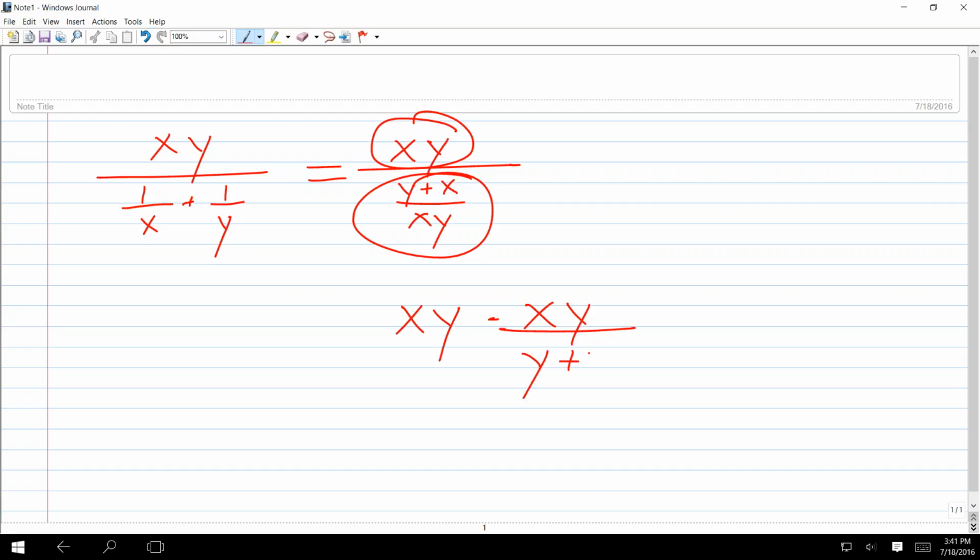And the only reason I can do that now is because my denominator is a single rational quotient. It wasn't a rational quotient when it was in that form there. It was the sum of two different fractions. So you can't flip and multiply when you're doing division until you get it as a single rational quotient.